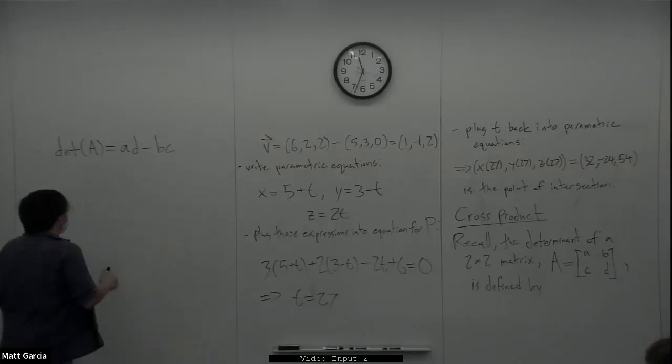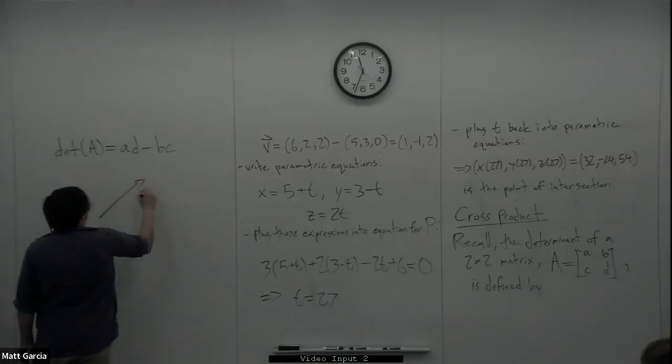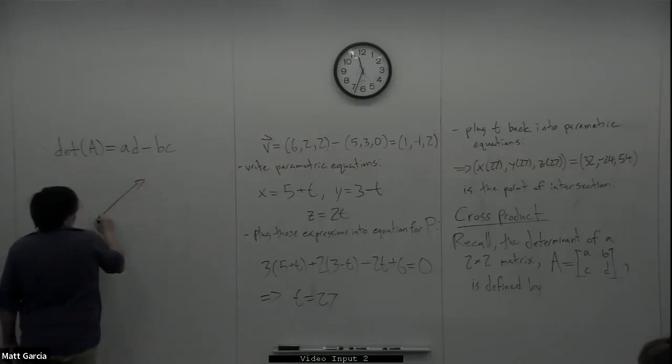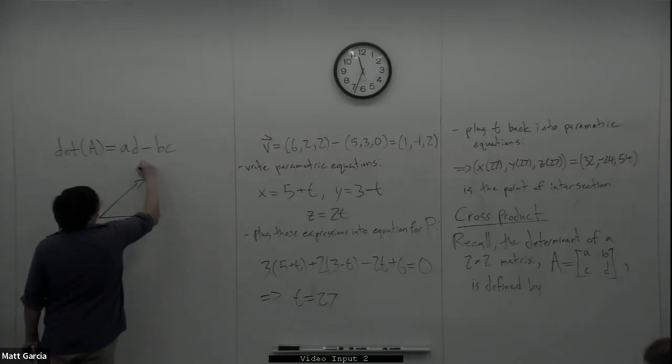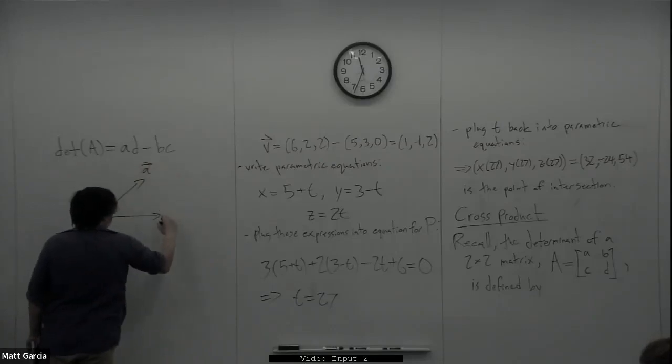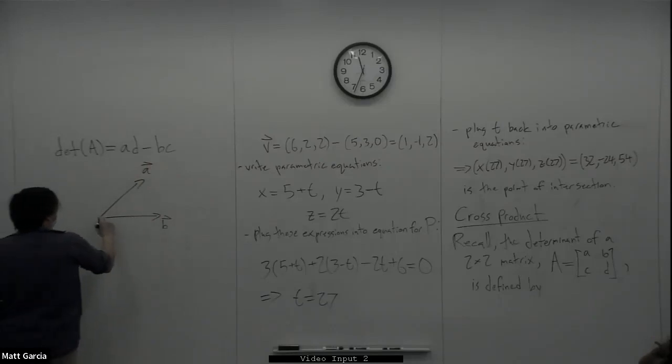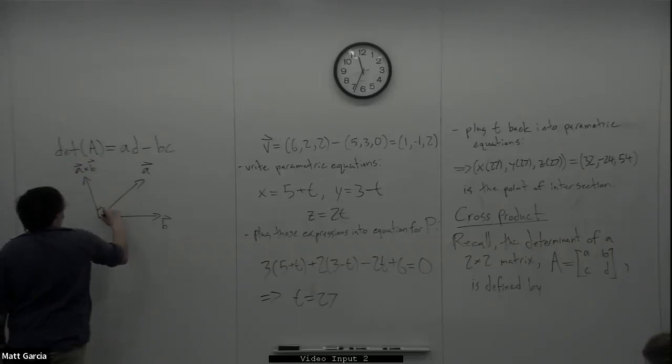Okay, so that is to say, if I have vector A and vector B, then the cross product will be a vector which is perpendicular to both of these vectors A and B.